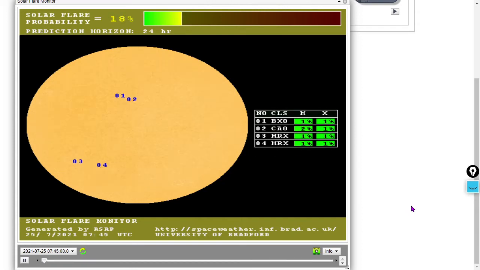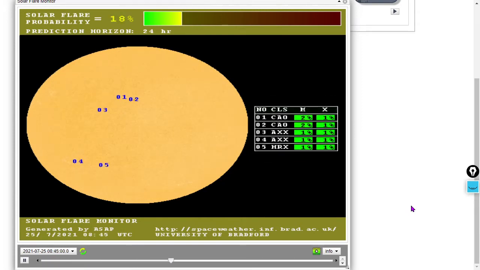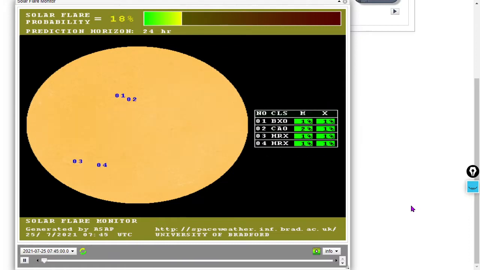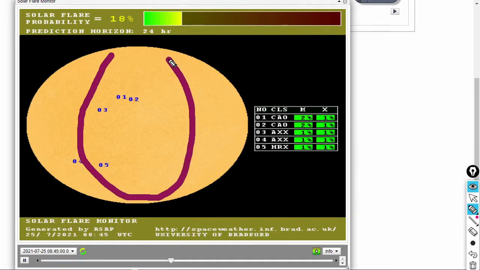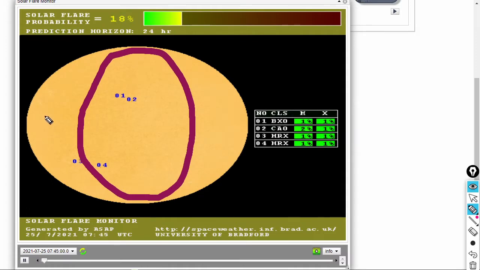And yeah, the likelihood of flares has dropped both because of the degradation of sunspots and because of their location. When sunspots move into this zone right here, they're much less likely to produce large flares. And when they're in these zones, they're much more likely to produce large flares.